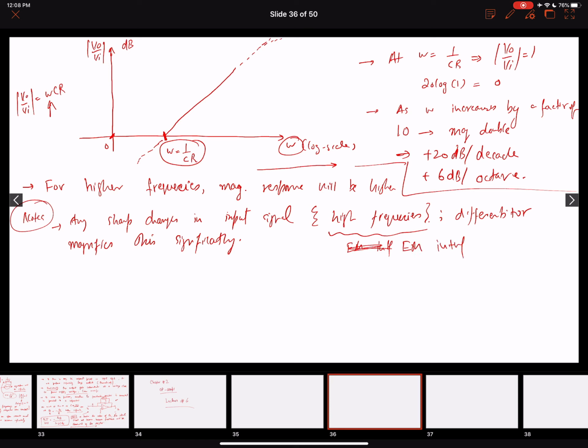So our differentiator causes noise magnification.